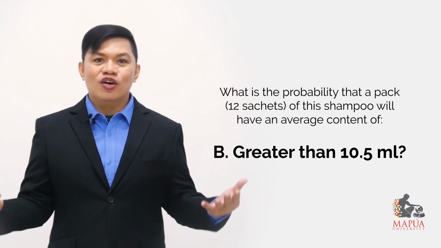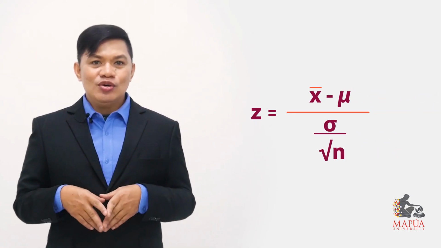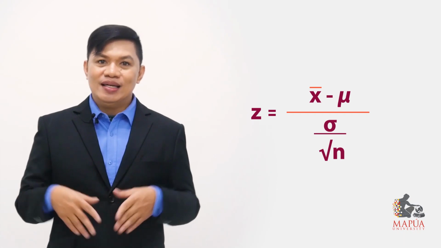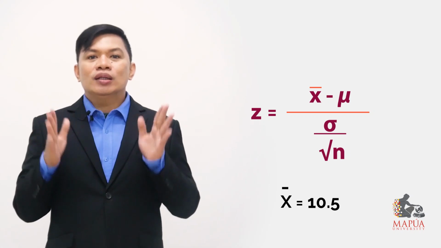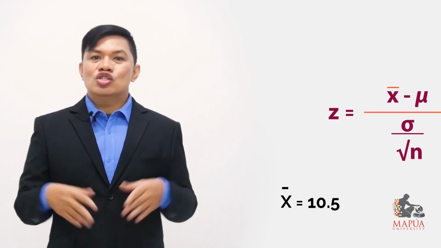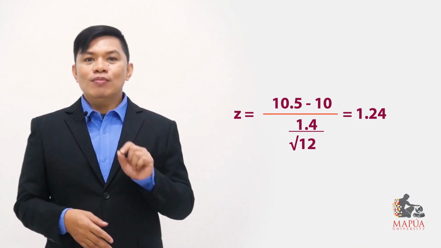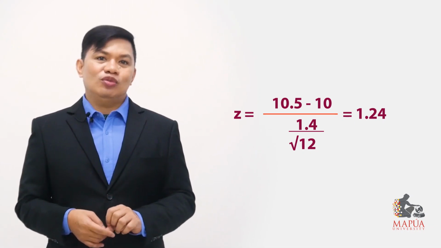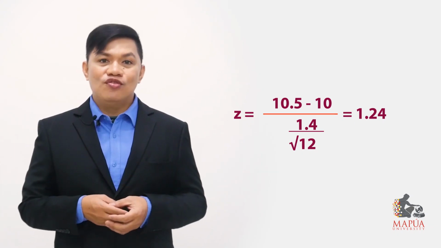So it's basically transforming again this score into the standard normal value Z. So again, we apply the formula, bring out your calculator, compute Z is equal to x bar minus mu over sigma over the square root of n. This time, the x bar that we are looking at is 10.5 ml. So 10.5 minus 10 all over 1.4 over the square root of 12. Calculator? So the value of Z is 1.24.